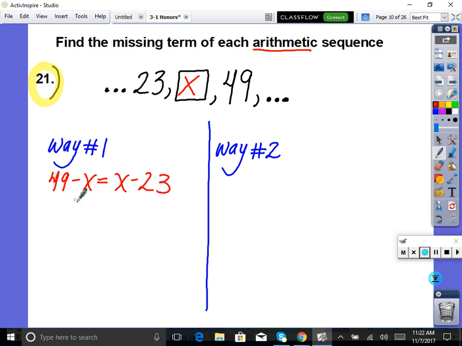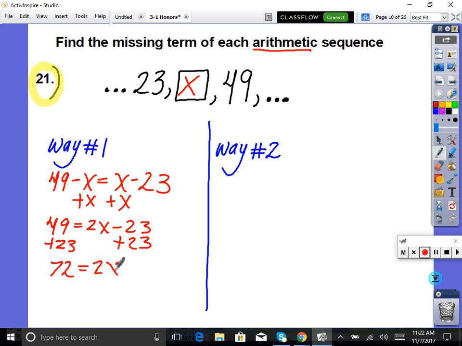So we combine our x's, add x, so we have 49 equals 2x minus 23. Add 23, so we get 72 is equal to 2x. So x equals 36. We literally just solved for what was missing: it's 36.